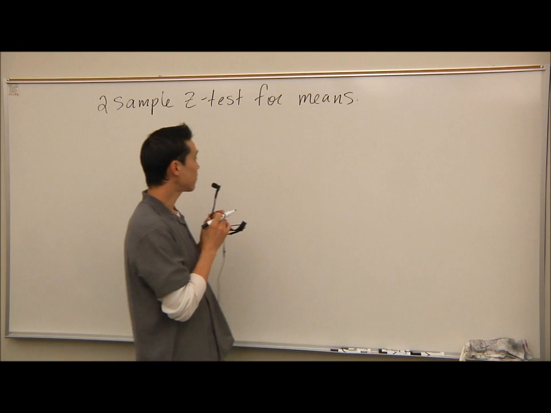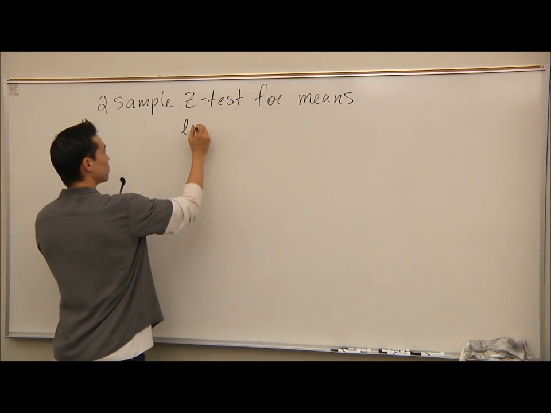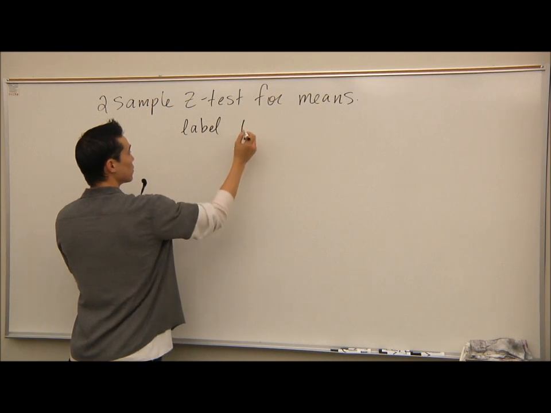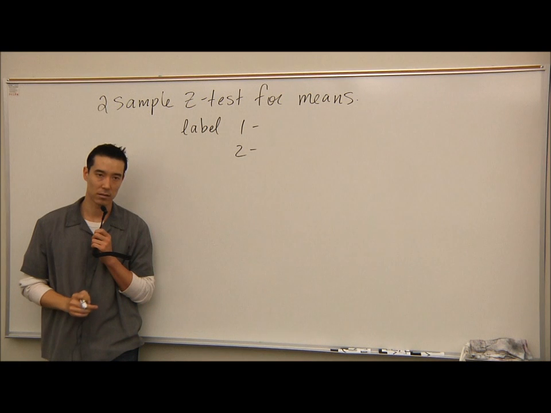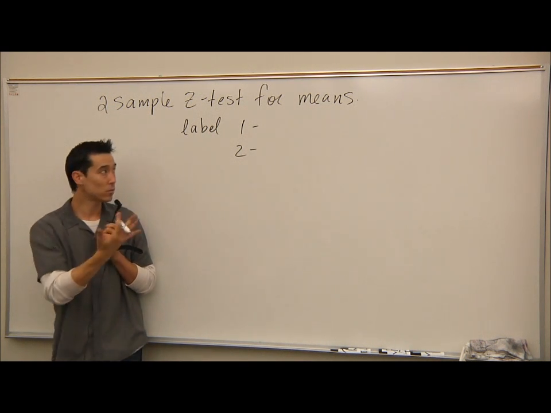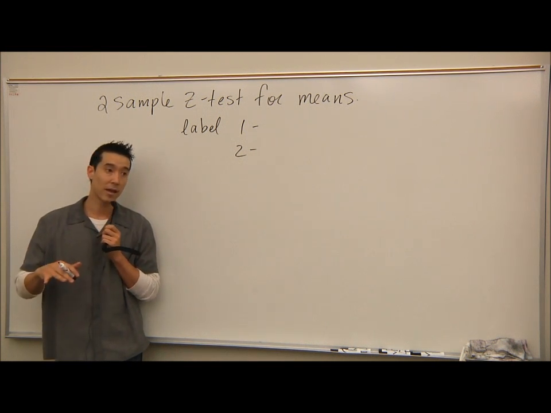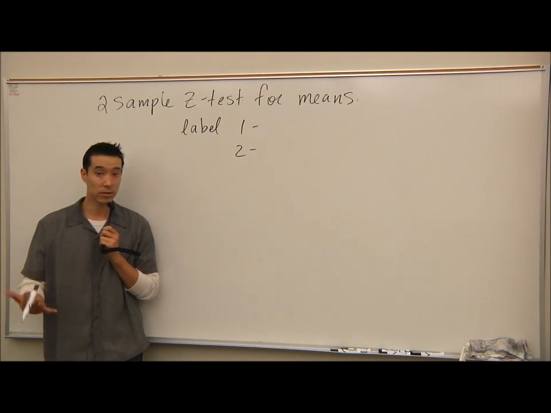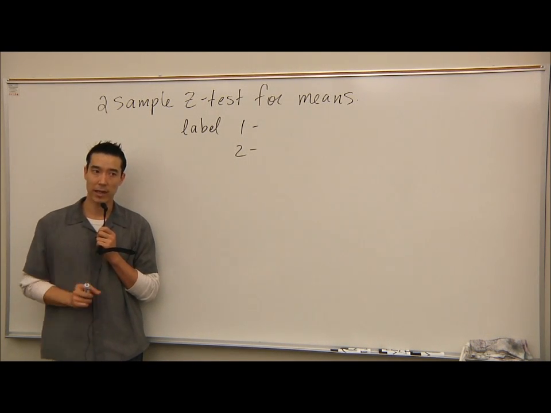And a couple of things. What we're going to have to do is label. We're going to label 1 for one of the samples and 2 for the other. This will be important because if you choose 1 to be one of them and 2 to be the other, and somebody chooses the opposite, they might have a right tail test versus you having a left tail test. So it's dependent on how we label it.